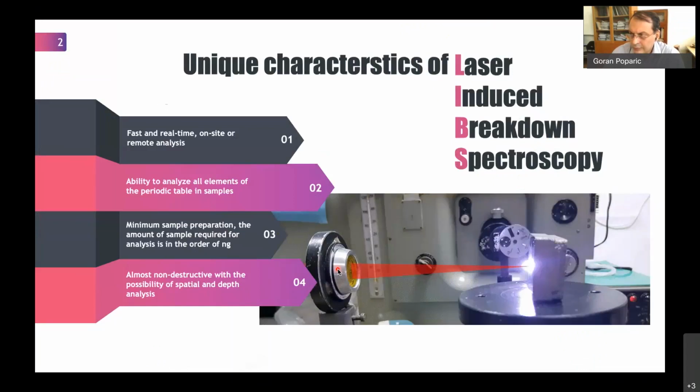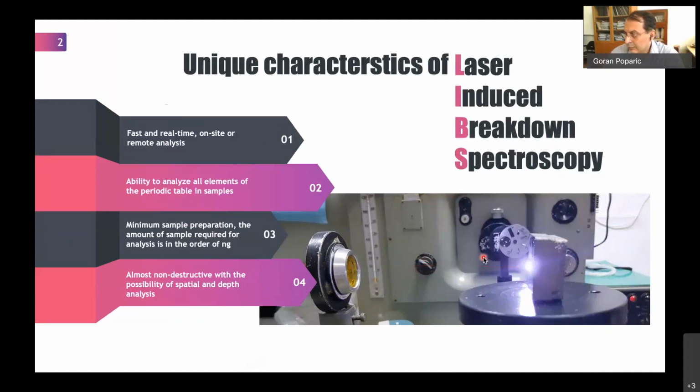Laser-induced breakdown spectroscopy is a relatively new technique that uses a focused laser beam to ablate a small portion of the sample, vaporize it, and generate plasma. If the optical emission from it is analyzed, we can get the elemental composition of the sample.